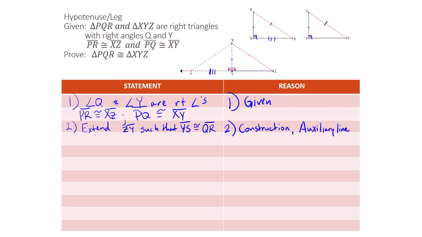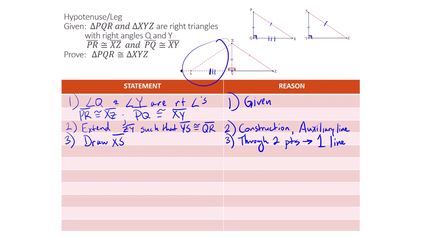So we'll draw XS, okay? Through two points, there's exactly one line, right? Okay, so two auxiliary lines here.